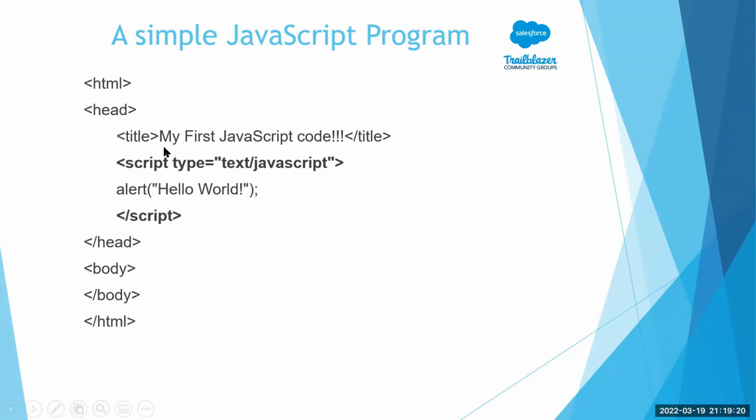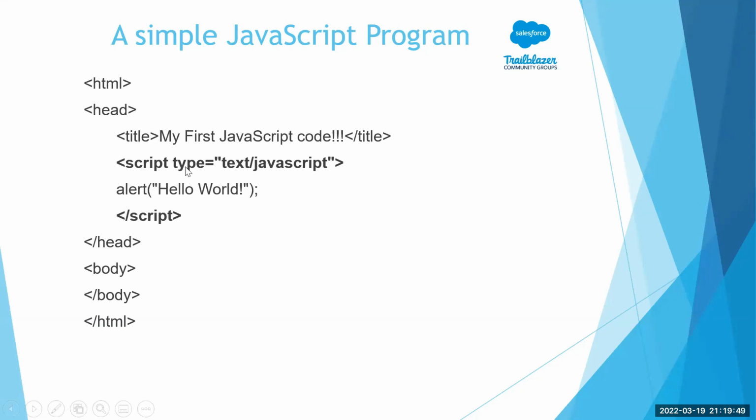Okay, so there is a script tag available in HTML. To add any code to your website, you have to embed it within the script tag only. There are multiple versions of JavaScript available, right? ES6 has the most advanced features, and before the ES6 release, you have to give this type.